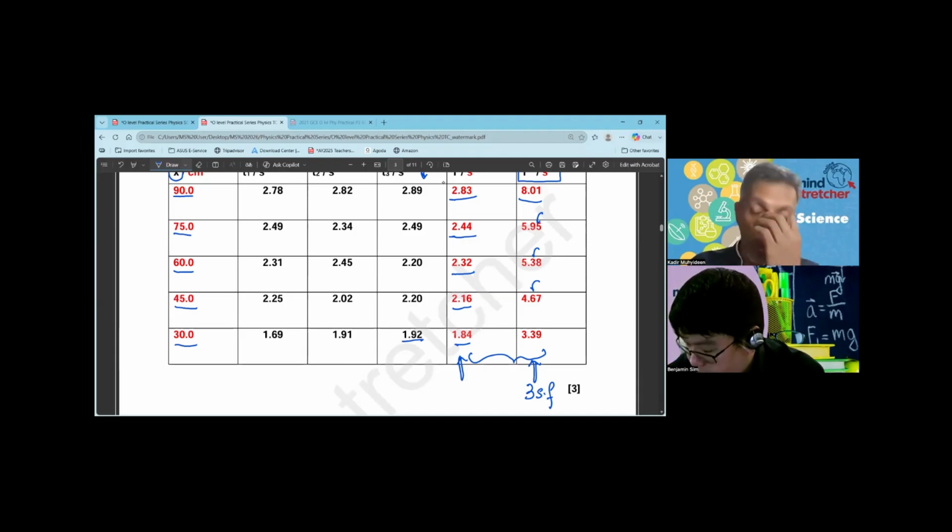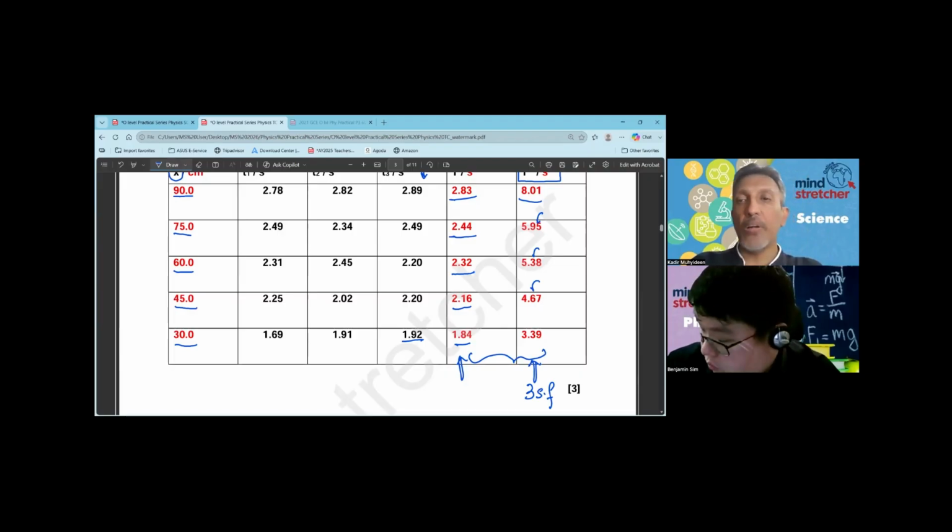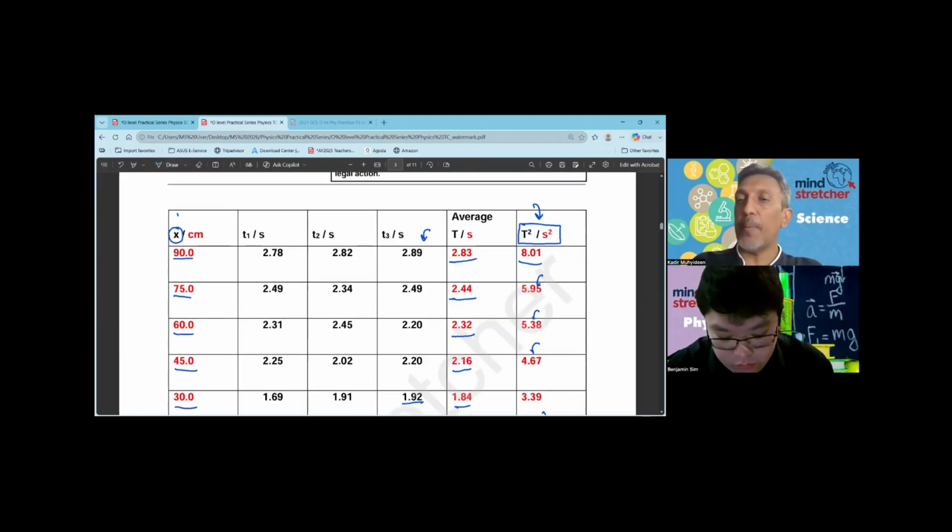Even though you can also follow SF, we try to give the average value to the same DP as the raw data, because technically it's an average of the raw data itself. But t squared is definitely a calculated value, a processed value, so you follow SF.